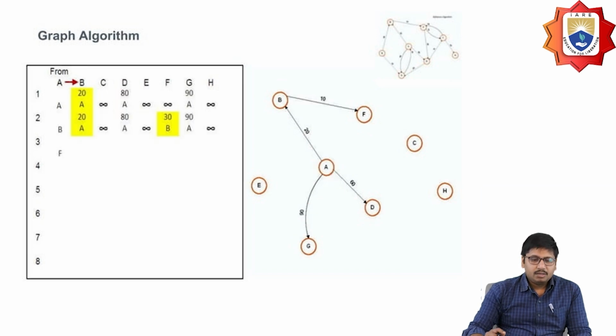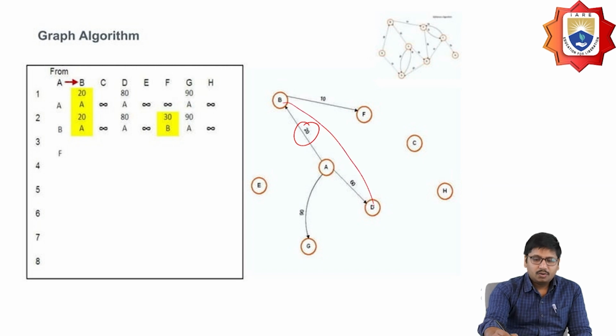From B, I want to find the shortest path onwards. From B to A the value is 20, and B to D is 60 plus 20, so that is 80.